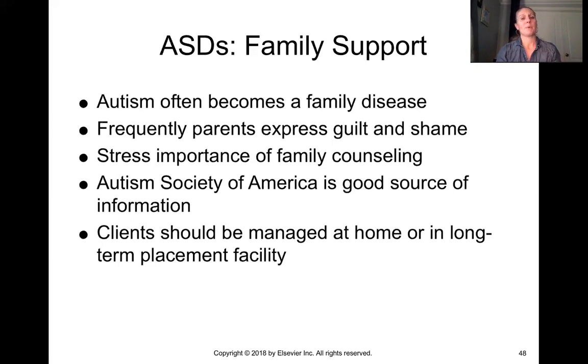We want to get these families into support groups. So we want to provide them with information about support groups and family counseling, because establishing that family dynamic is going to be key to success with that autistic child.